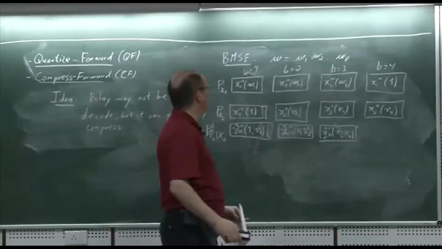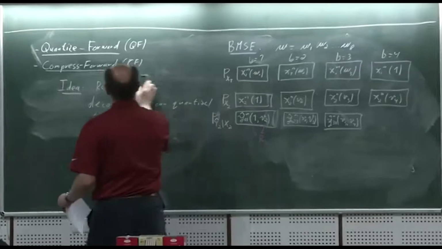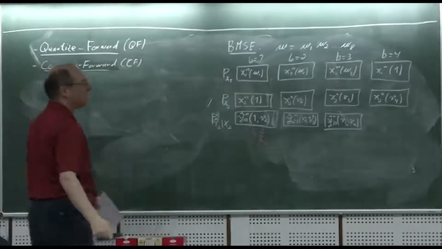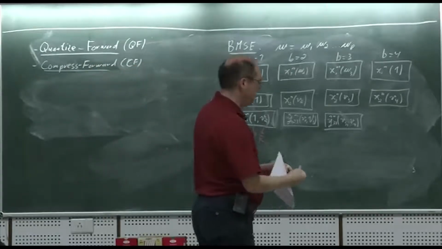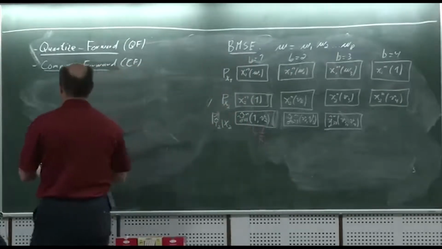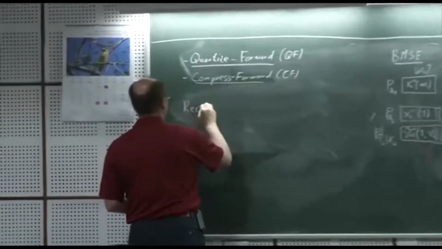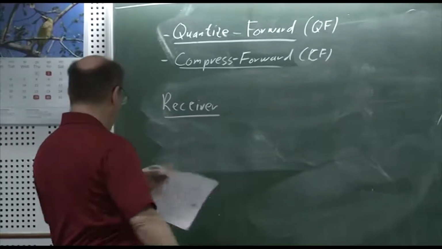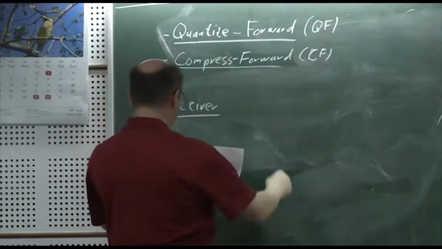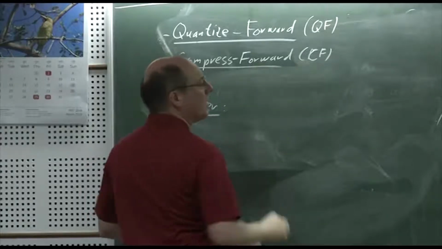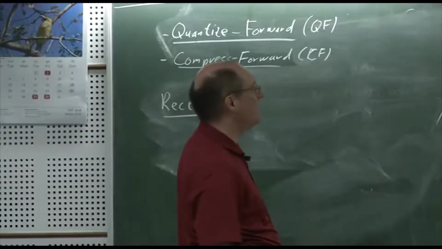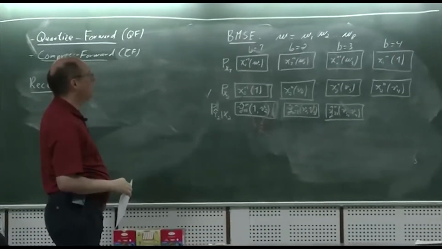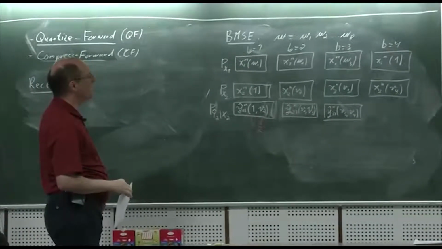Now let's talk about the receiver, the destination bound. We'll see here we need something slightly new that we didn't have before. So what does the receiver do? Okay, so after block b, okay, so in fact we could even do, well, we could do backward decoding if we wanted, I suppose.